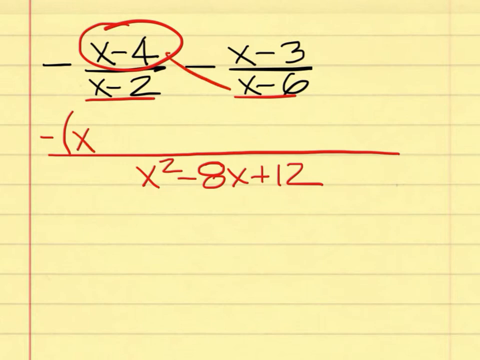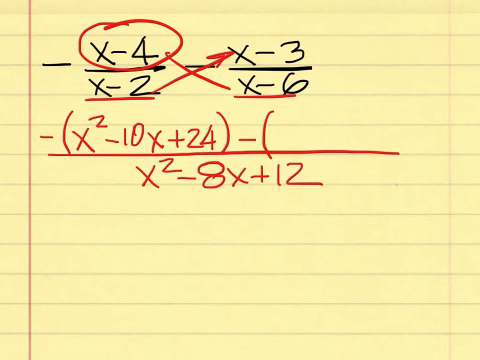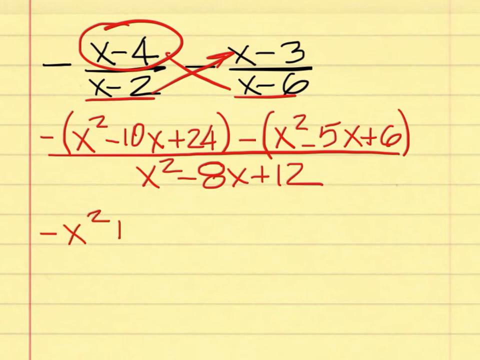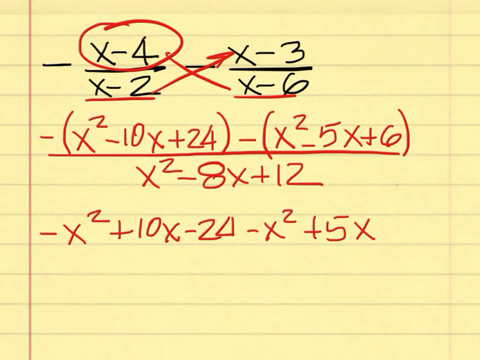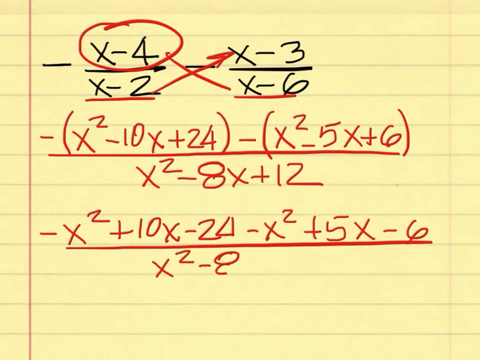So that would be x squared minus 10x plus 24, and then minus the product of this and this. So x squared minus 5x plus 6. Simplify the top to get negative x squared plus 10x minus 24 minus x squared plus 5x minus 6, all of that over x squared minus 8x plus 12.